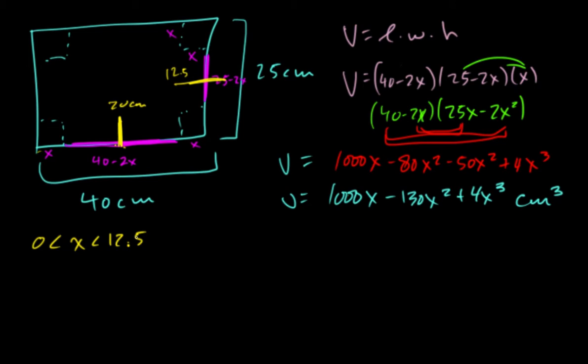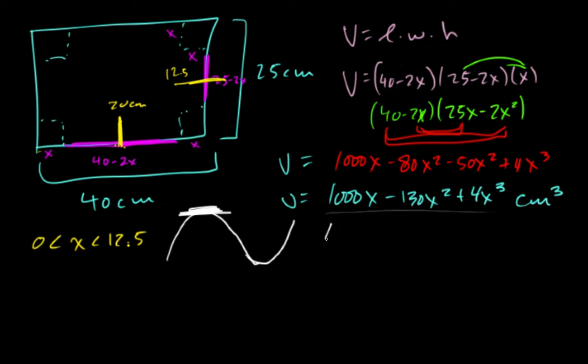Now, what we're going to do is take the derivative of this, because we're hoping that we get some curve like this, and then whatever the max value is, that's going to tell us what x should be. To do that, we know that the derivative equals 0 at maximas and minimas.